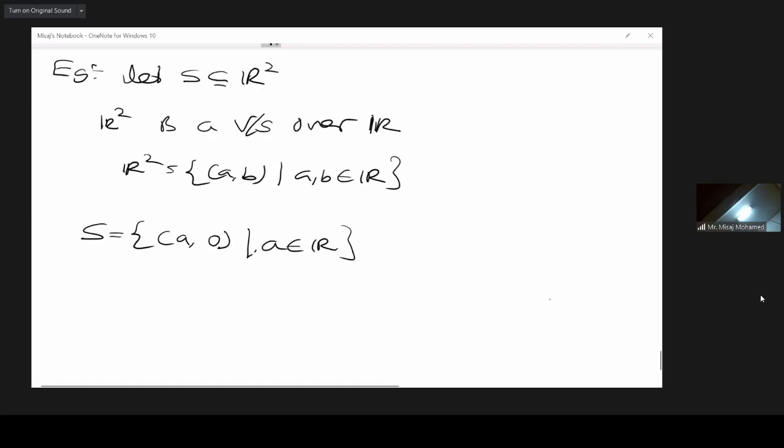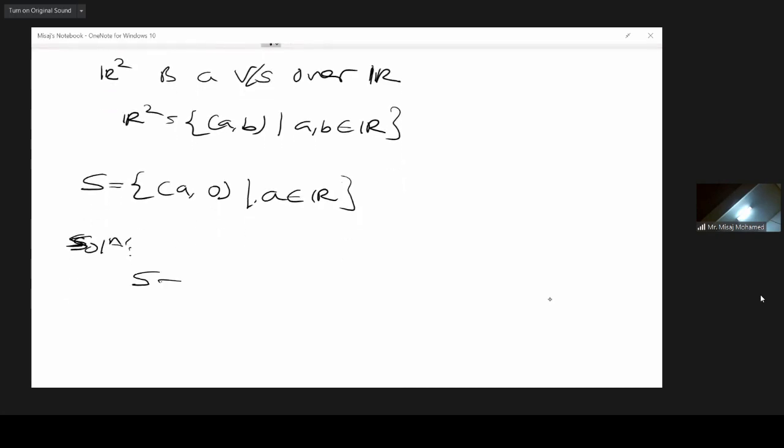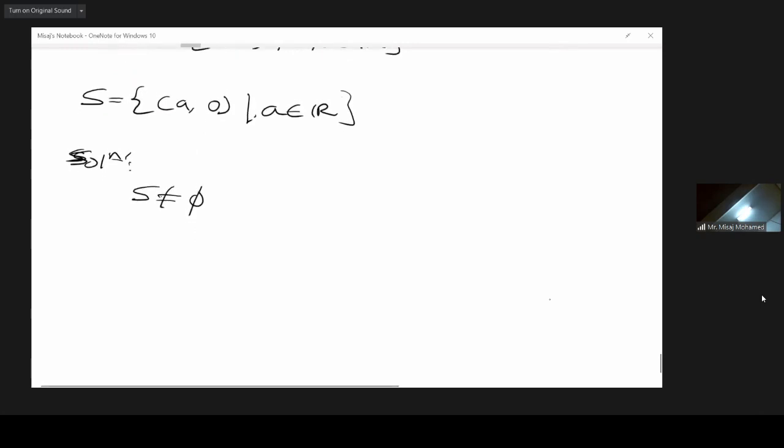So whether this is a subspace or not. First tell me the solution. Is S non-empty? Yes, at least one element is there. For A in R, S is definitely a non-empty set. There are many elements, but S is non-empty.